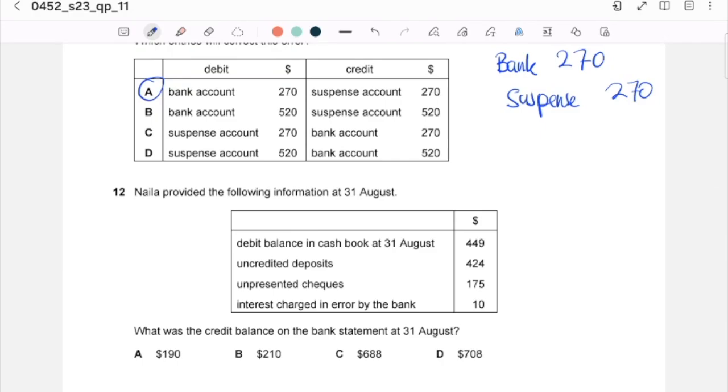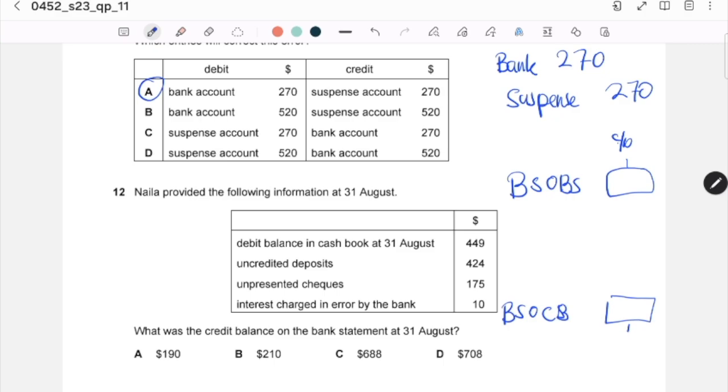Okay, you have to remember the format is balance shown on bank statement, this is the balance CD in the bank statement, and then the result will be balance shown on cash book, and this one is the balance CD cash book. So we see first the debit balance in the cash book on 31 August is 449. You put it there.